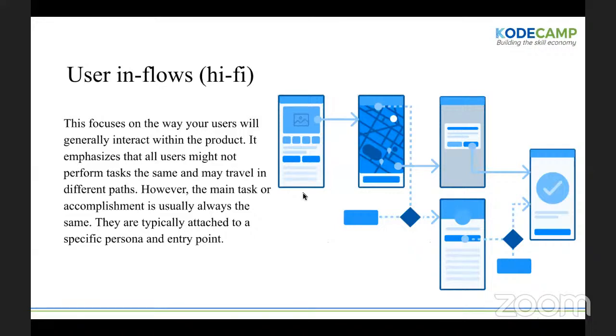And then maybe user B, maybe returning users will have a particular flow. New users will have a particular flow, but at the end of the day, just like we can see here, we all have this last screen, which is the success, right? So that's basically for user inflows.